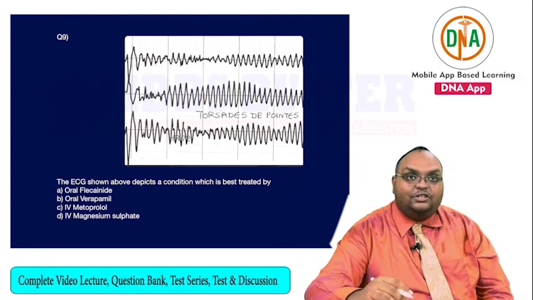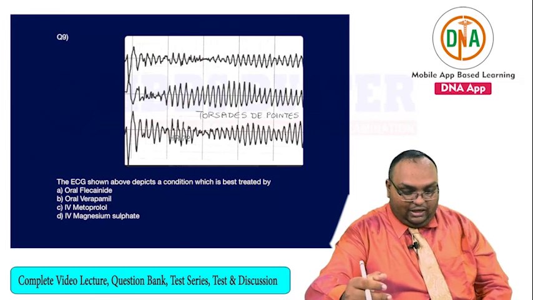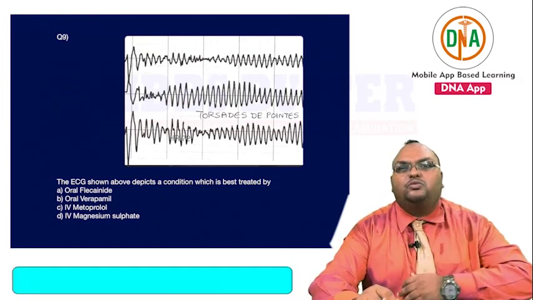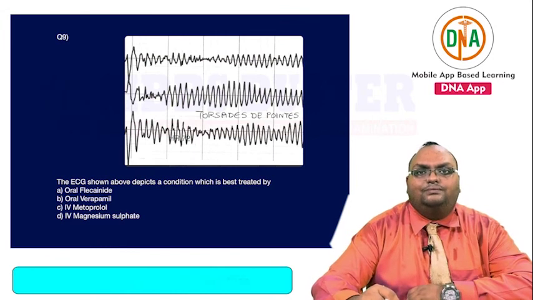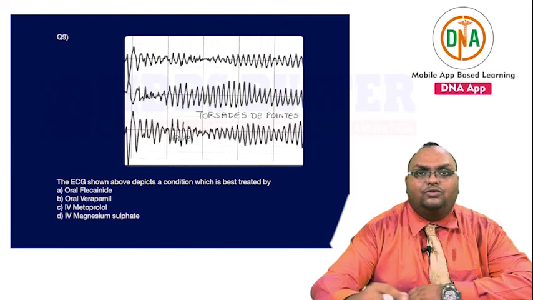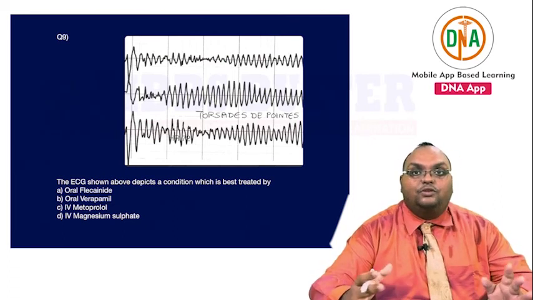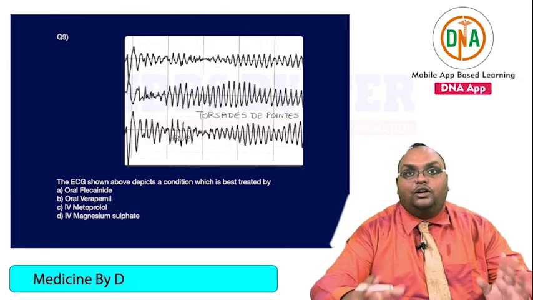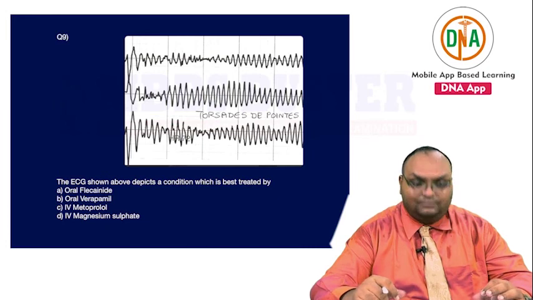The ECG above depicts a condition best treated by oral flecainide, oral verapamil, IV metoprolol, IV magnesium sulfate. IV metoprolol is usually a drug we used to use in cases of chronic stable angina. We don't even use IV metoprolol there, we use oral metoprolol sometimes. Anyways, yes, metoprolol is a drug we use for chronic supply-demand mismatch of the myocardium.